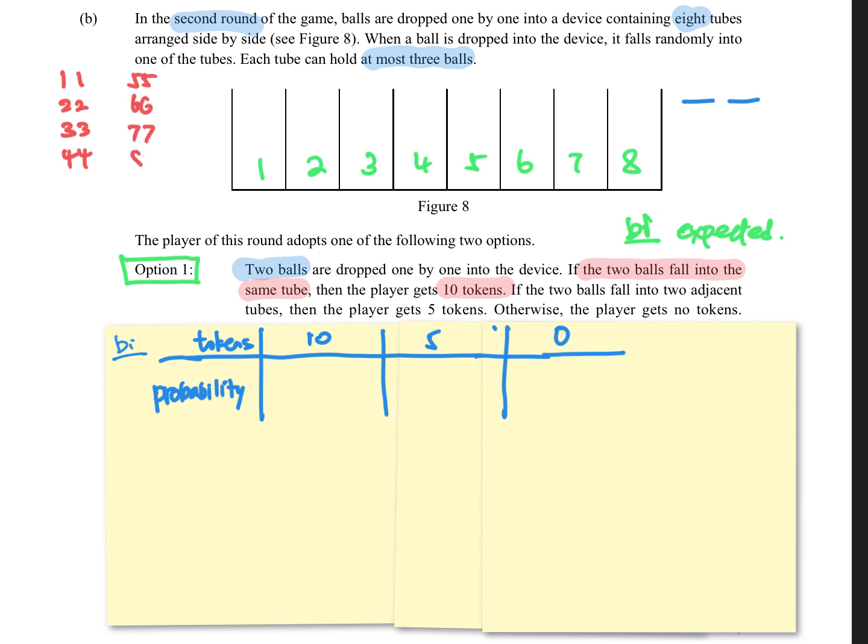By counting, we already get all 8 cases. And for the denominator, it will be from 11 to 18, and then 22 to 28, 33 to 38.